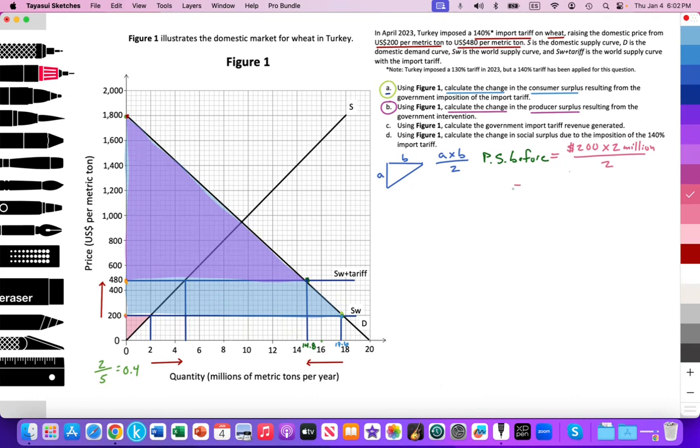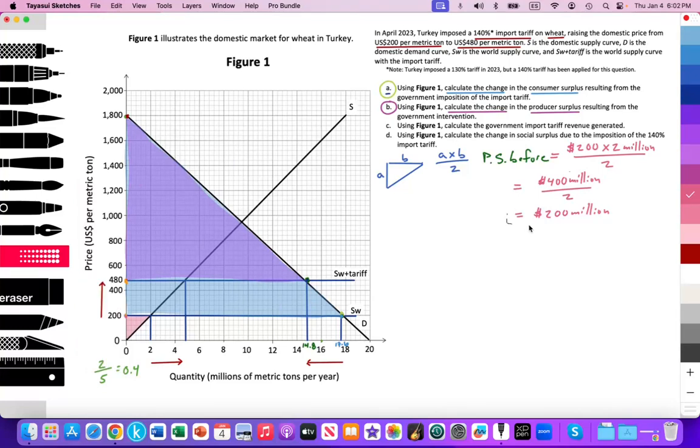So that's going to work out to 400 million divided by 2. And that gives us the final answer of 200 million. So the value of that producer surplus is 200 million.